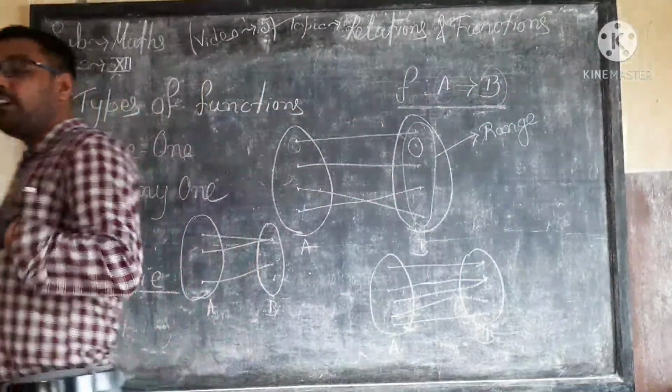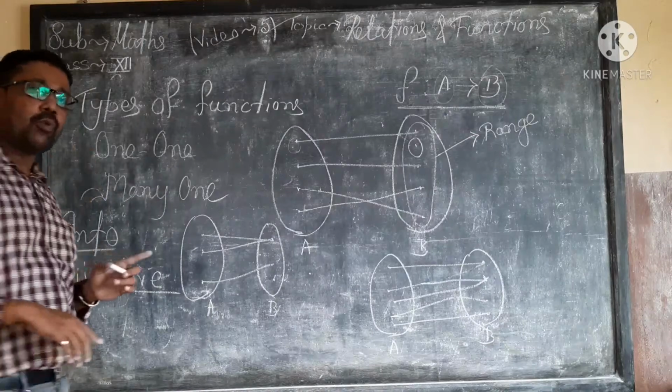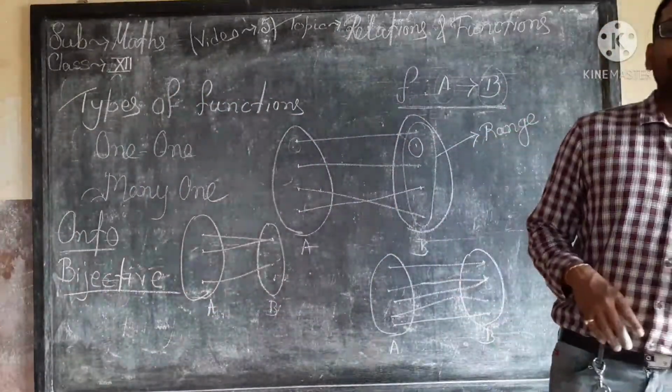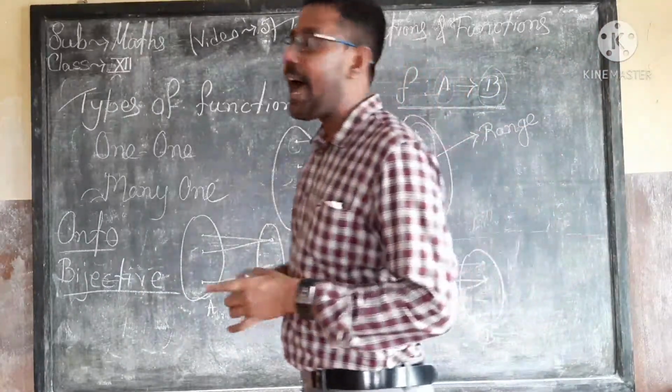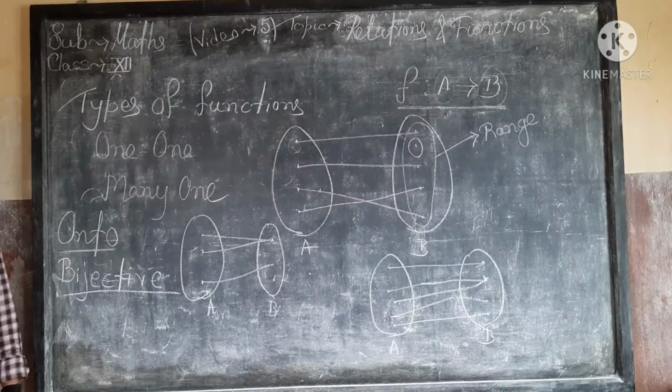The first one is one-one, the second is many to one, the third is onto function, and the fourth is bijective function. This one-one function is called the injective function.